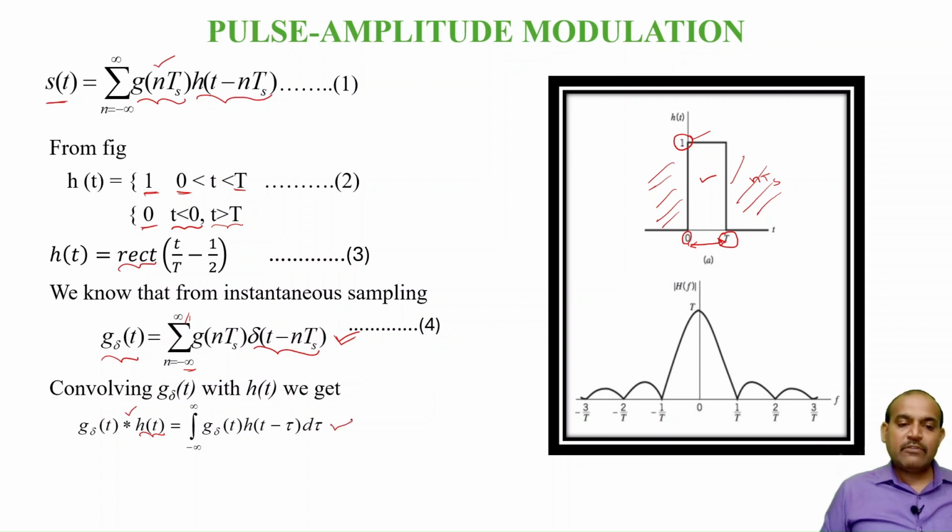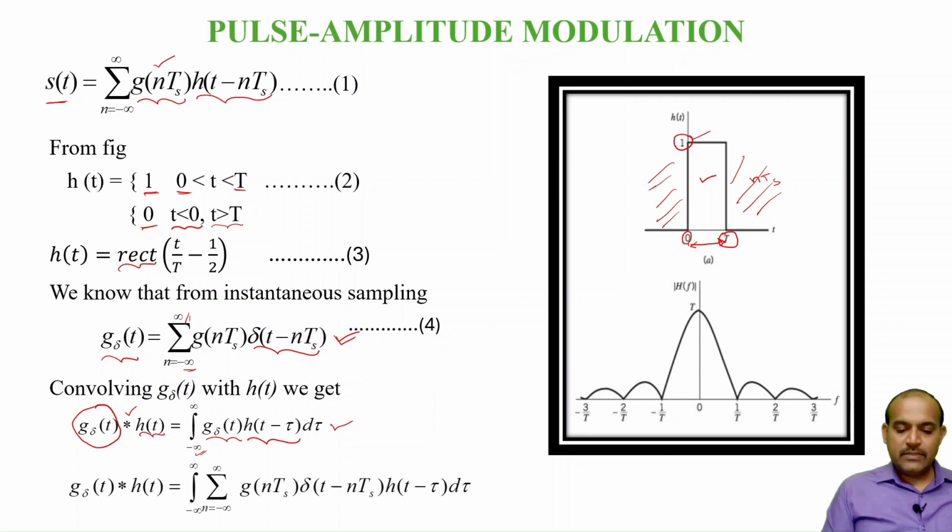We know the convolution formula: the convolution of two signals can be represented as the integration from minus infinity to plus infinity of the first signal, g delta of tau, into the shifted version of the second signal, h of t minus tau, d tau. This is the standard formula used if you want to convolve two functions or two signals.